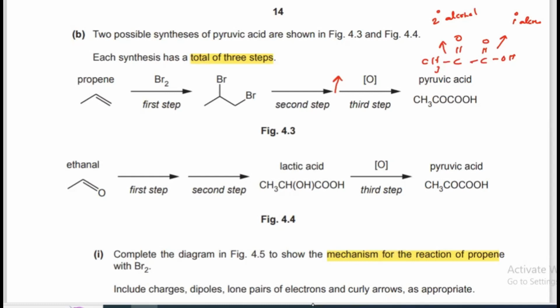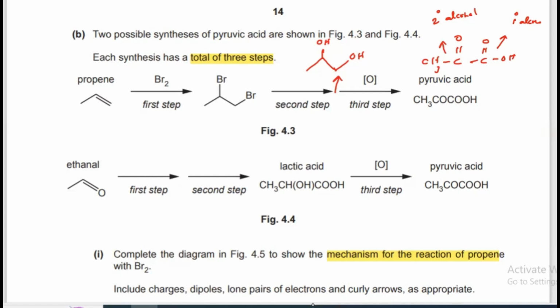So it means that in step two, you must have a substance like that. If we copy this, this is the substance. If we put OH here, this is the 2-degree alcohol, and if we put OH here, this is the 1-degree alcohol. So you will get a product like this, and when this is oxidized, you will get this thing.